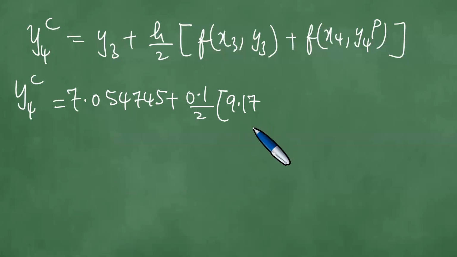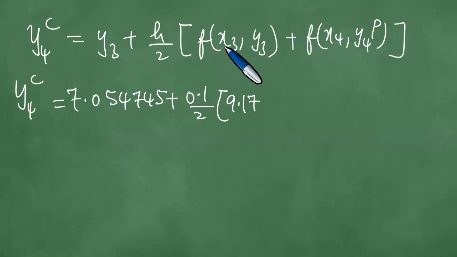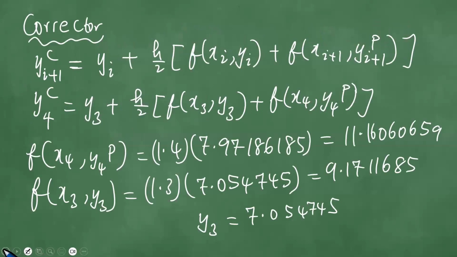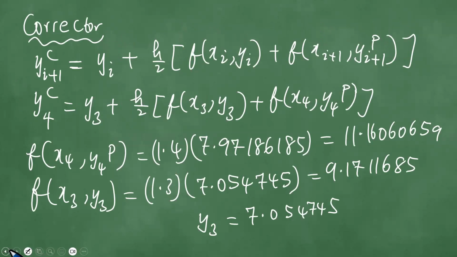Right, so we're finishing this question here. Is this fx3y3? Is it 9 point this? Yeah, 9.1711685 plus, then you have f of x4, which is this one.